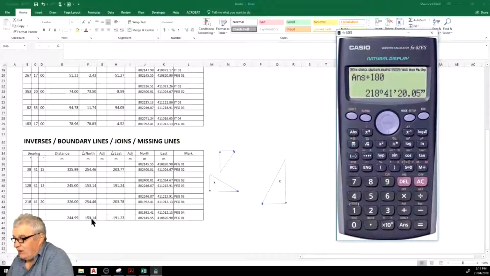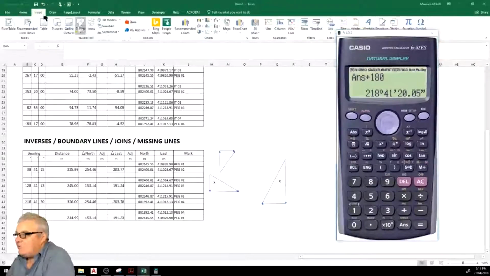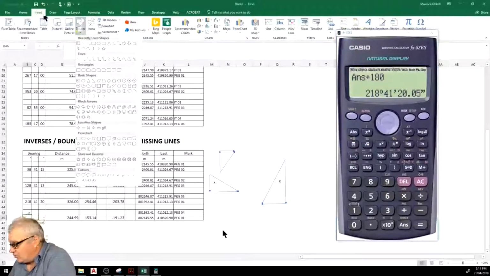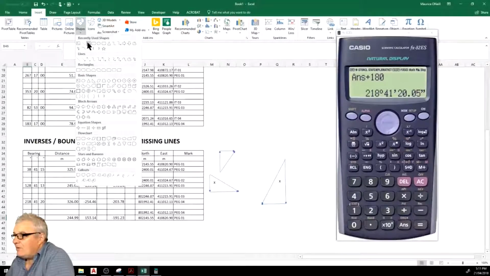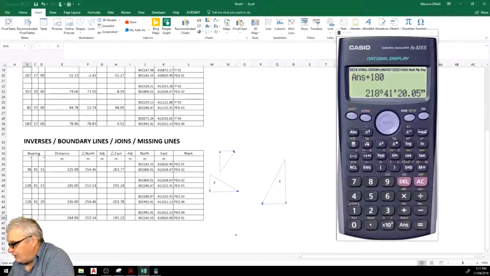And so for this one here, let's insert shapes. So we're going 153.14 north. So I'll put that here.